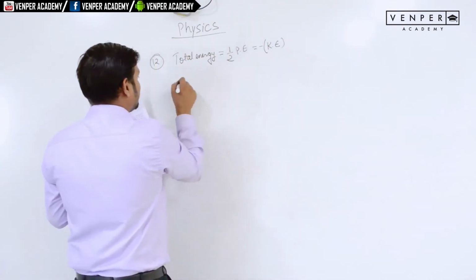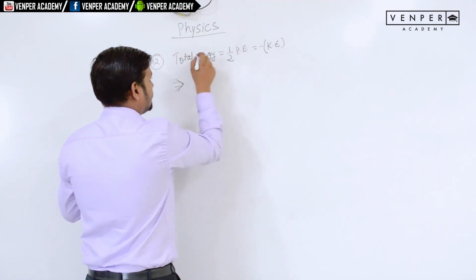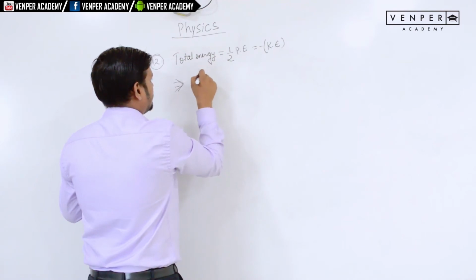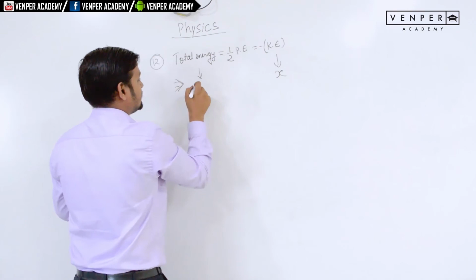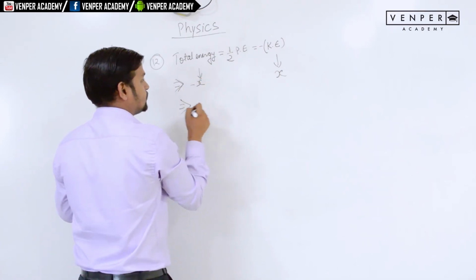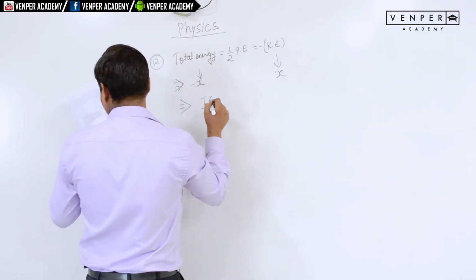Clear? So you can directly say here that if kinetic energy is x, then total energy is minus x.